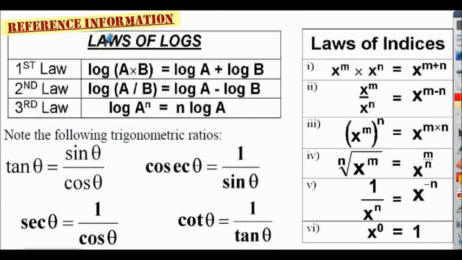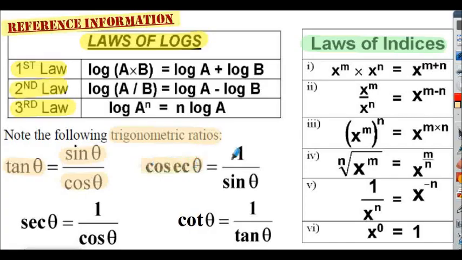There's reference information here, the laws of logarithms, first, second and third law stated here, the laws and the rules of indices stated on the right hand side, and also various trigonometric ratios. Definition of tan theta is sine theta divided by cos theta. Cosecant theta or cosec theta is the reciprocal of sine theta.